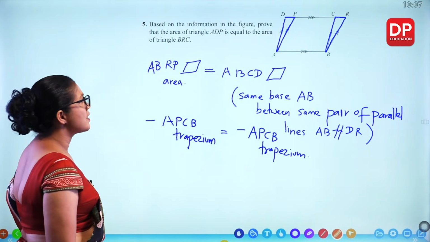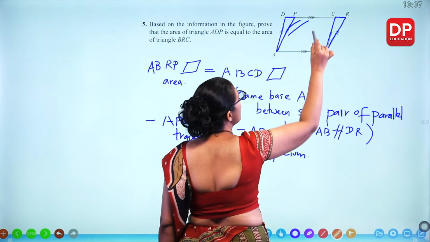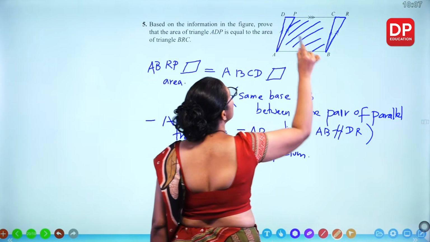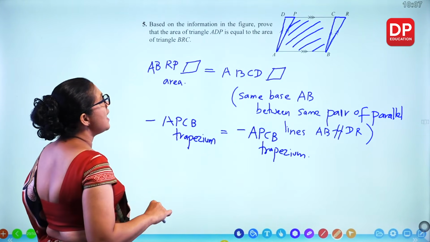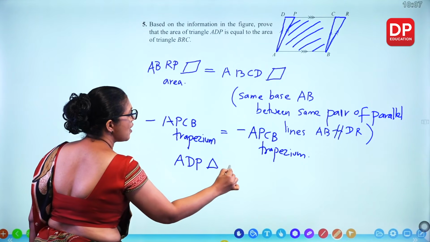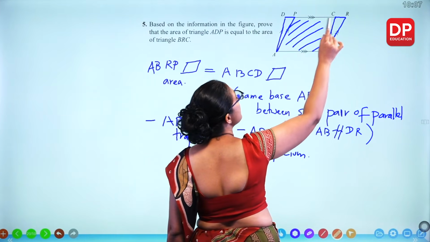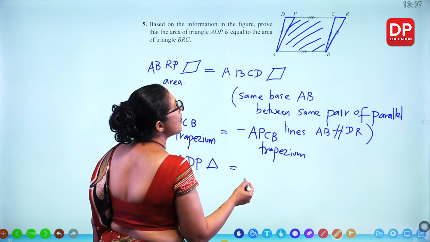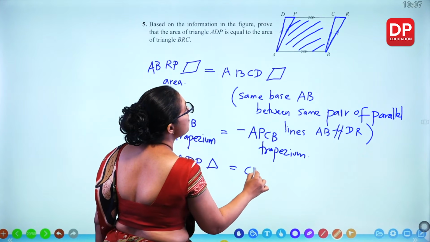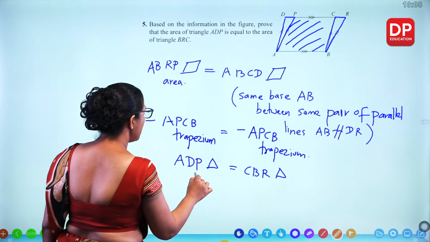What happens when you subtract the big area minus this one? On this side you get the ADP triangle. What about the other side? When you take this parallelogram and subtract this one, you get the CBR triangle. So the areas are equal.